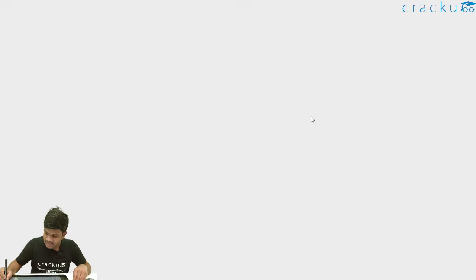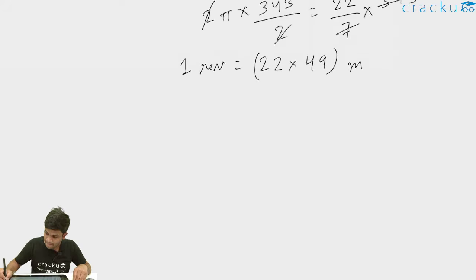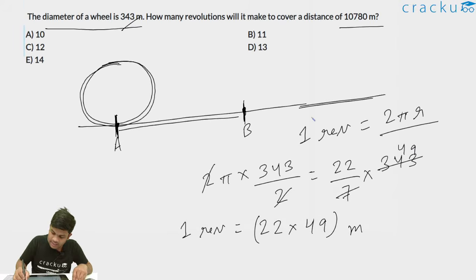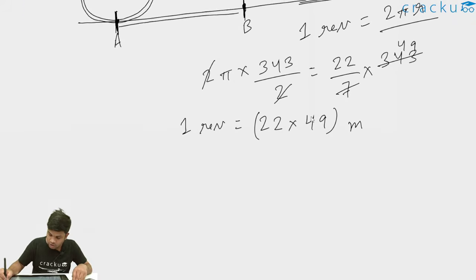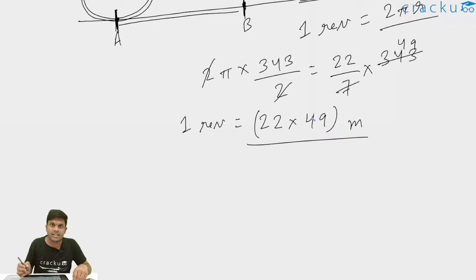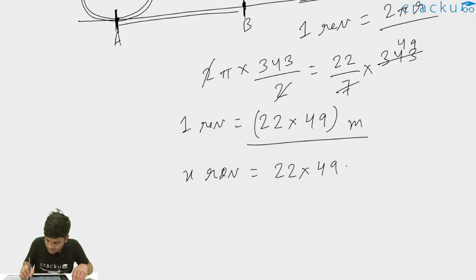The total distance that we have to cover is 10,780 meters. So in one revolution this distance is covered. So let's say total distance is covered in x revolutions. So in x revolutions 22 into 49 into x meter will be covered.